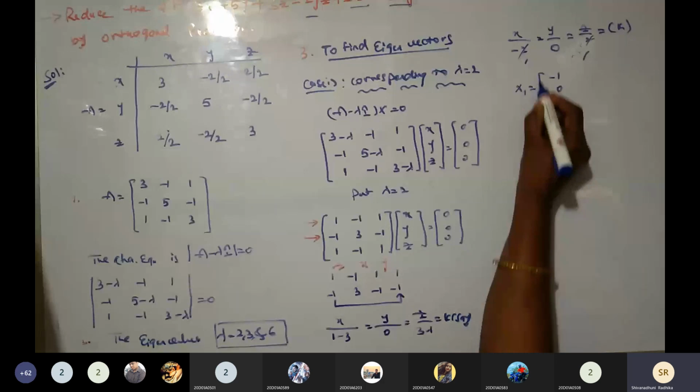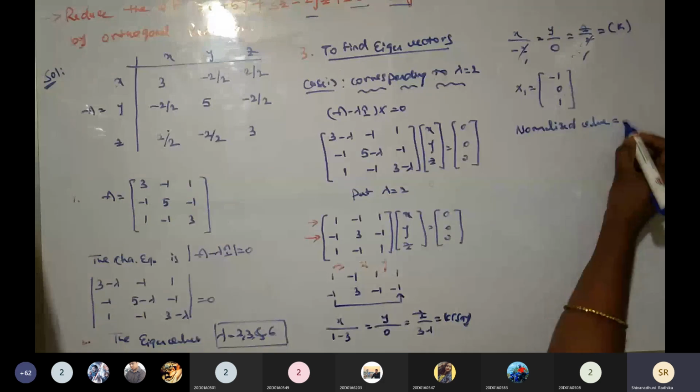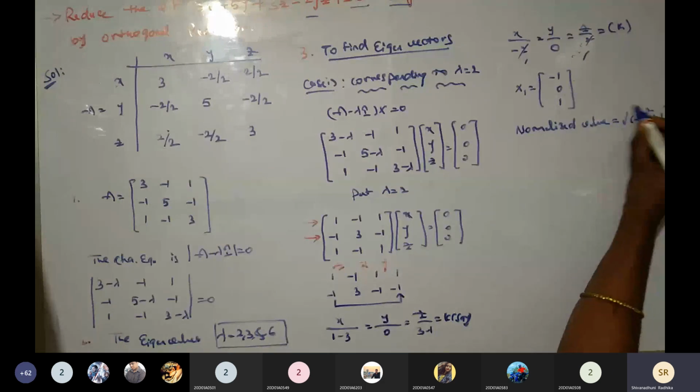Directly in case 1 we need to find the normalized value. What is the normalized value? Minus 1 by root 2, 0, 1 by root 2. The normalized value is under root of minus 1 whole square plus 1 square, so that is root 2.